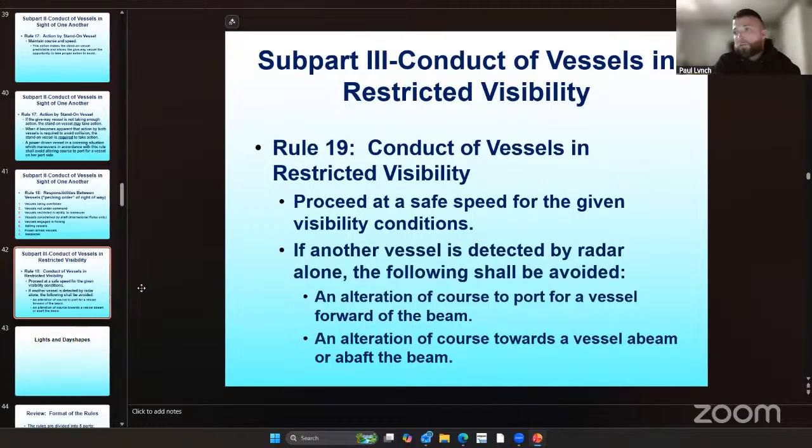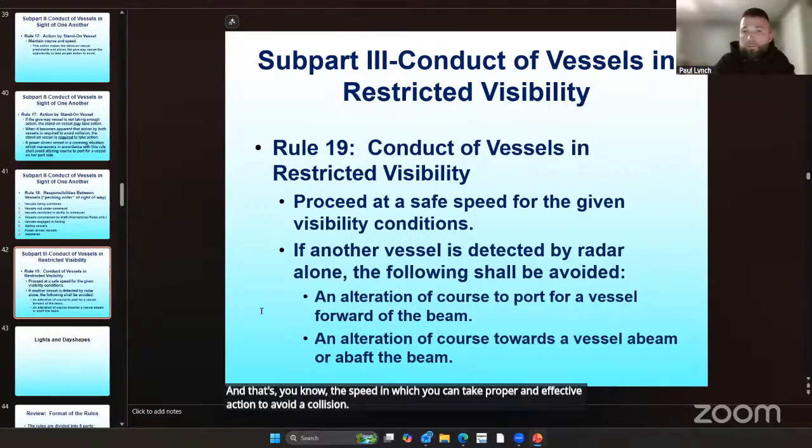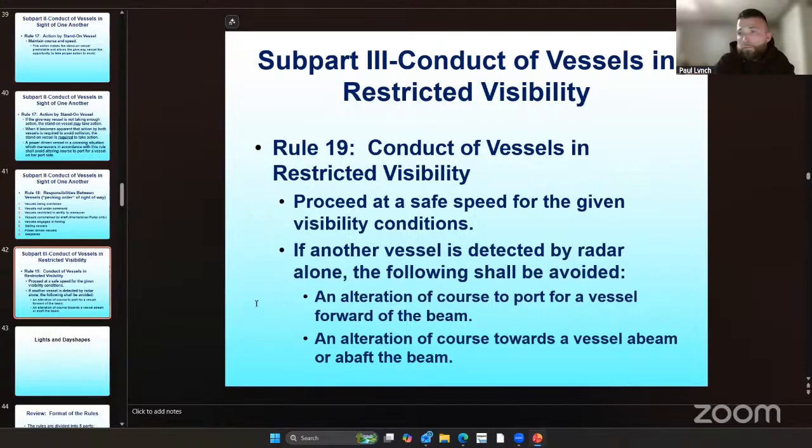Like we mentioned, you always want to proceed at a safe speed, a speed in which you can take proper and effective action to avoid a collision. So if a vessel is forward of the beam, especially on radar, you always reduce your speed to bare steerageway.